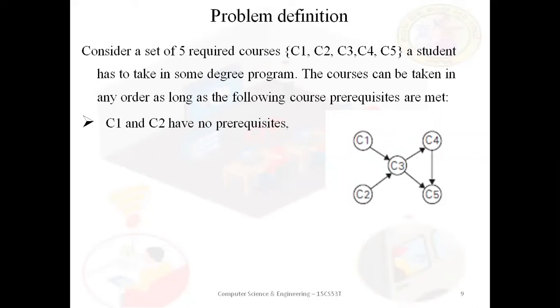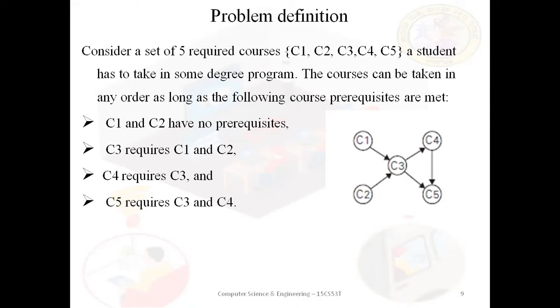So C1 and C2 have no prerequisites. That means C1 and C2 can be started independently, whereas C3 requires C1 and C2. Similarly, C4 requires C3 to be completed. C4 requires C3 and even C5 requires both C3 and C4.